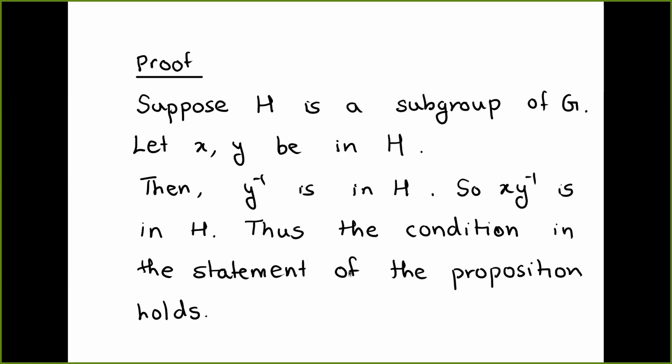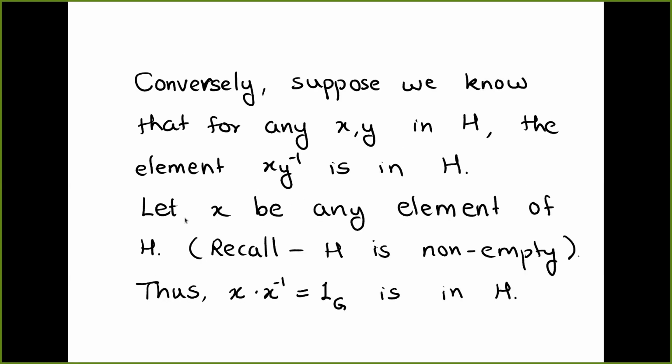So in one way the result is very simple. It's the other way that we are really interested in, that if this condition holds, then H is a subgroup. That's what we want to prove. So let's assume now the condition that for any x and y, x times y inverse is in H. Now I want to prove that H is a subgroup. Let's first look at the existence of the identity element. Let x be any element of H. H is non-empty, so I can just pick some element.